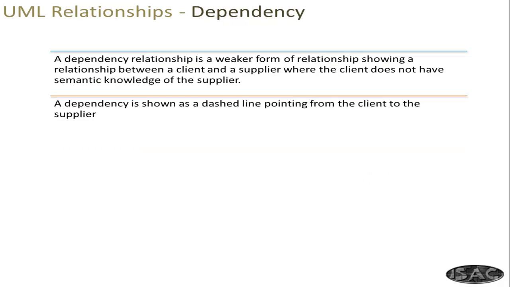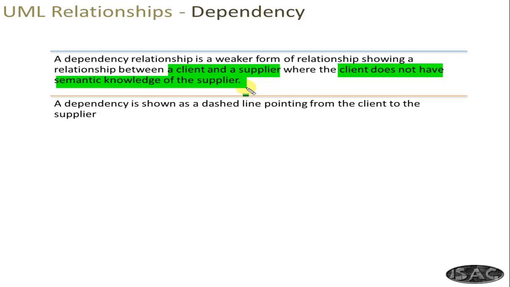Now, dependency relationship. A dependency relationship is a weaker form of a relationship showing a relationship between a client and a supplier, where the client does not have semantic knowledge of the supplier.